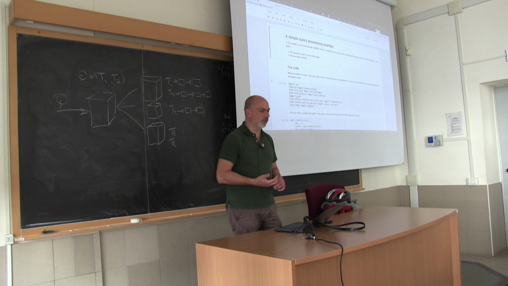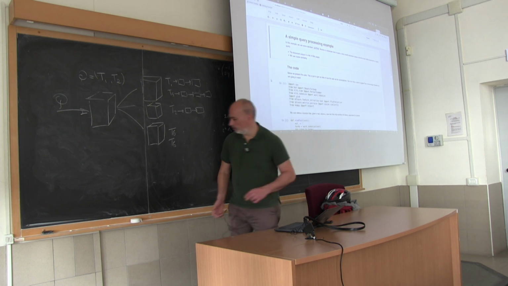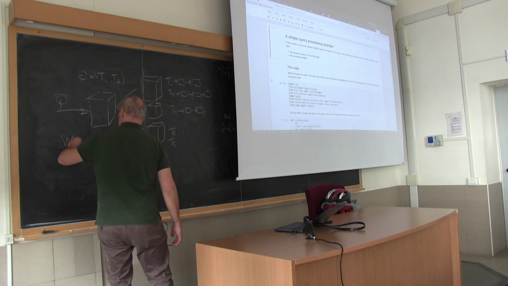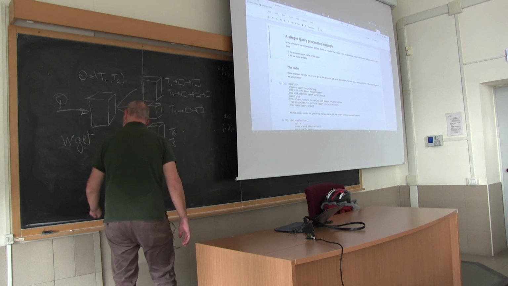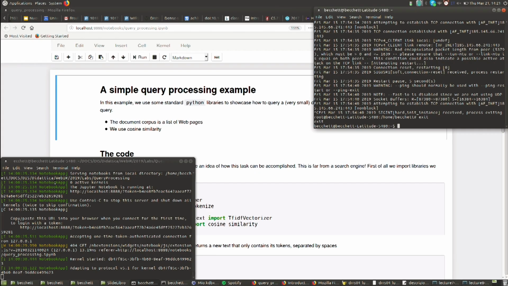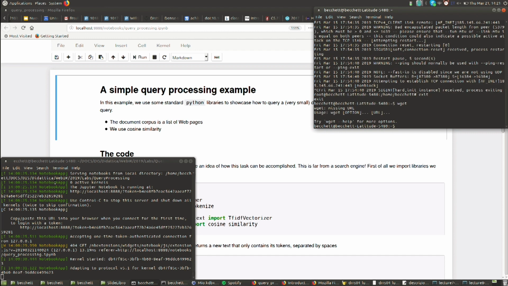Well, for example, you use wget. You know this? Wget, this command here. Well, of course, it's not going to work now. It wants a URL. If I issue, let's see if Marcello gets angry.